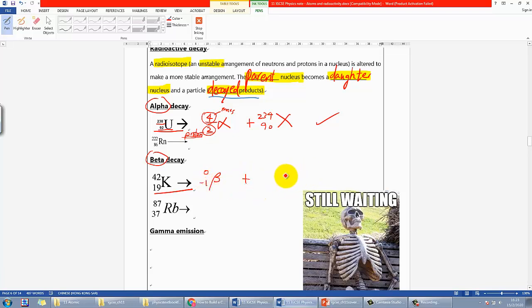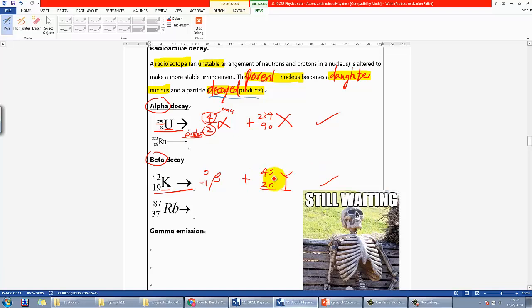And then for the other element that it will emit, it becomes a daughter nucleus. Let's just put it as Y. How about that? I don't know what that is. From K, I think K is calcium, and here it will still be 42, and then you should have 20 protons here. So that's why it would be something else, not calcium. Sorry, not calcium. I think K is potassium. My chemistry is not really good.